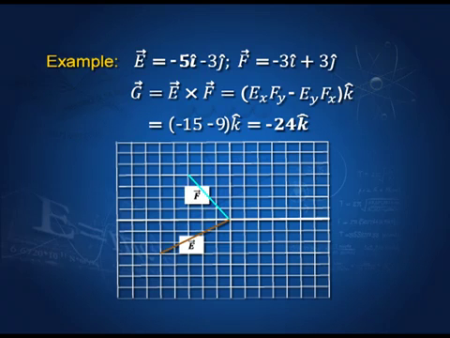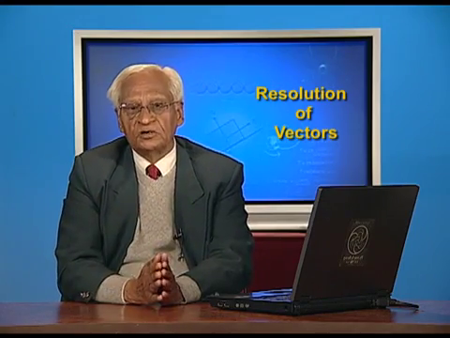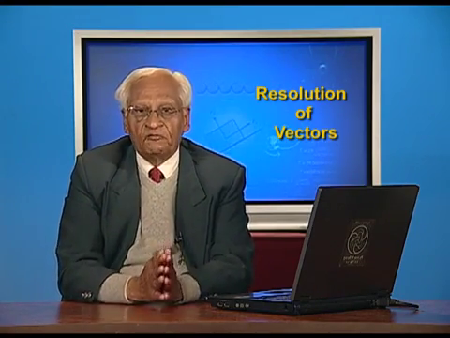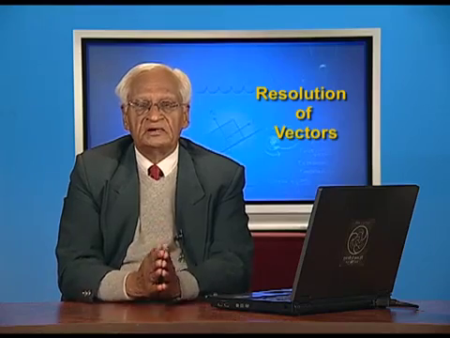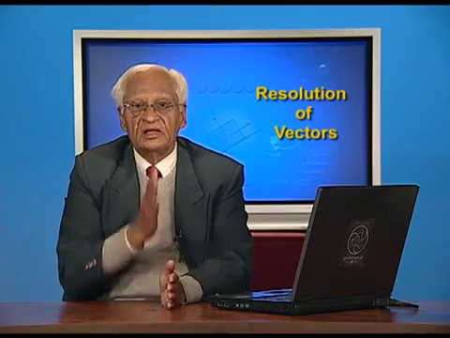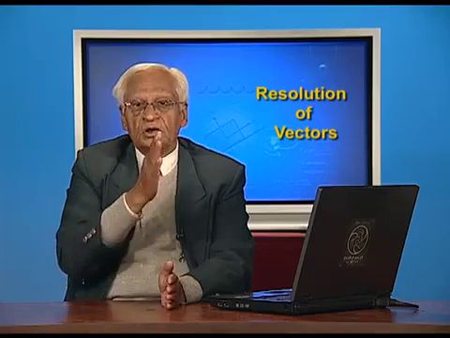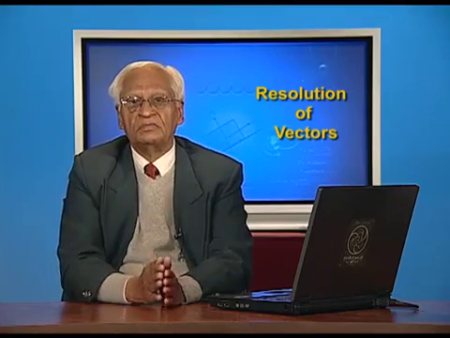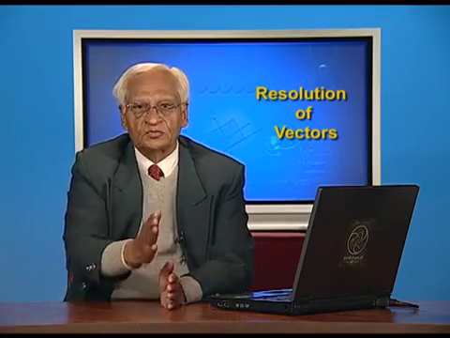I have repeated this many times because I feel that the vector product is an important concept used very often in physics, as in angular momentum, torque, and Lorentz force. We have to use it very often, and therefore, I have repeated it so many times for your benefit, so that in future you never have a problem in understanding the cross product.